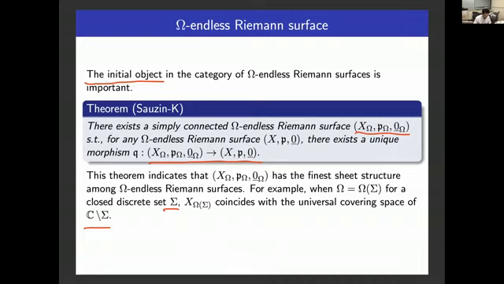Yes, so X_omega_sigma coincides with the universal covering space of C minus sigma. So in a sense, this omega-endless Riemann surface is an extension of the universal covering space. And we can construct this Riemann surface for a general discrete filtered set omega.